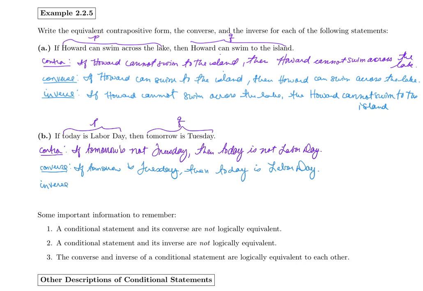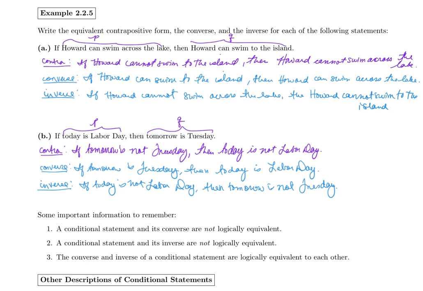We're going to find the same thing with our inverse, which is essentially going to say the same thing as our converse. Our inverse says if not P, so if today is not Labor Day, then not Q. Then tomorrow is not Tuesday.